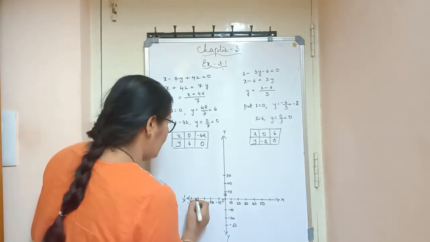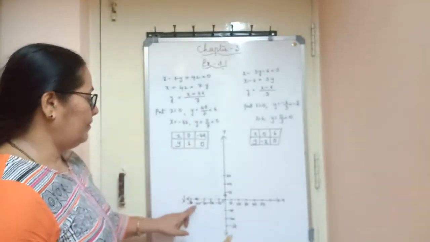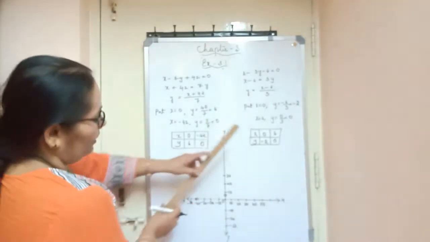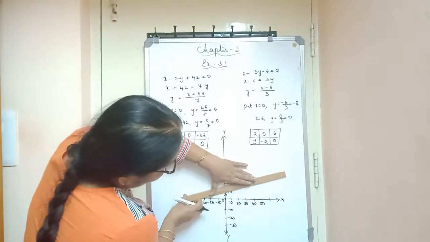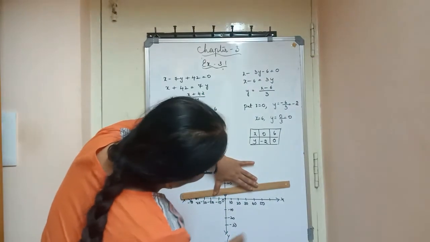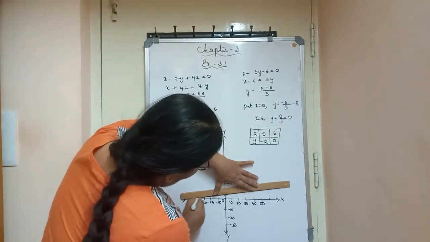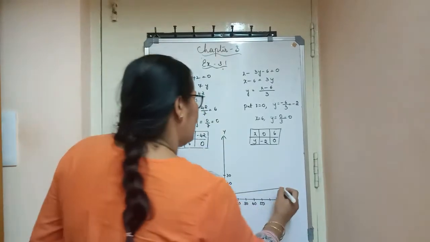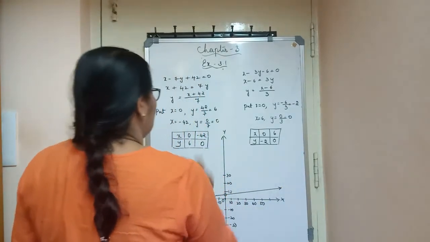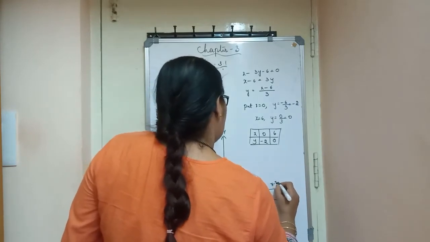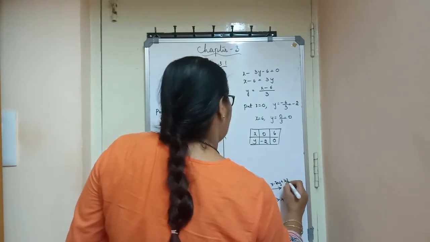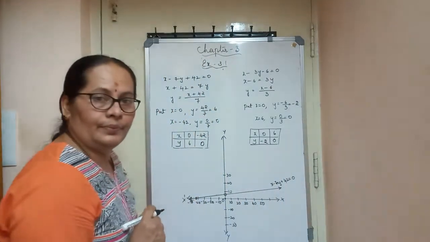Next one is minus 42. When x is minus 42, y is 0. Now join these 2 points. You will get a straight line for the equation x minus 7y plus 42 equals 0.